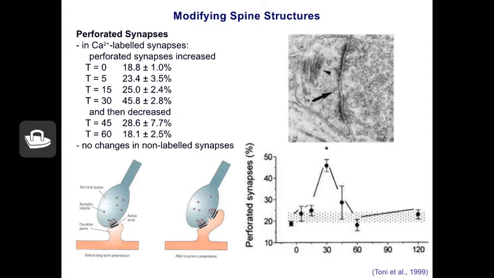Let's see what their evidence tells us about the potential role of perforated synapses in LTP. But a little warning, it may not be quite what you expect. The photomicrograph at the upper right shows a perforated synapse. The axon terminal is at the right side of this photomicrograph, and the spine is over at the left.